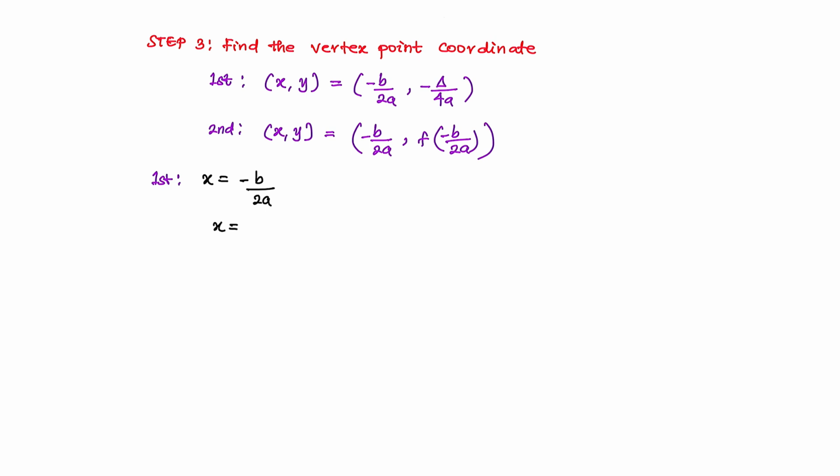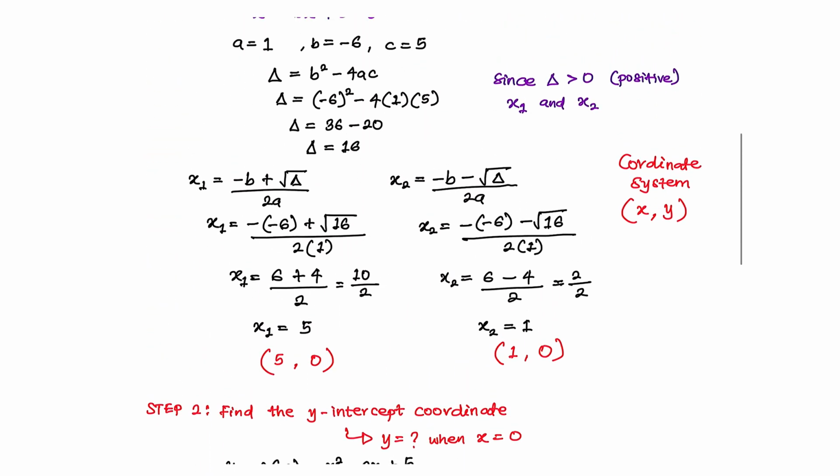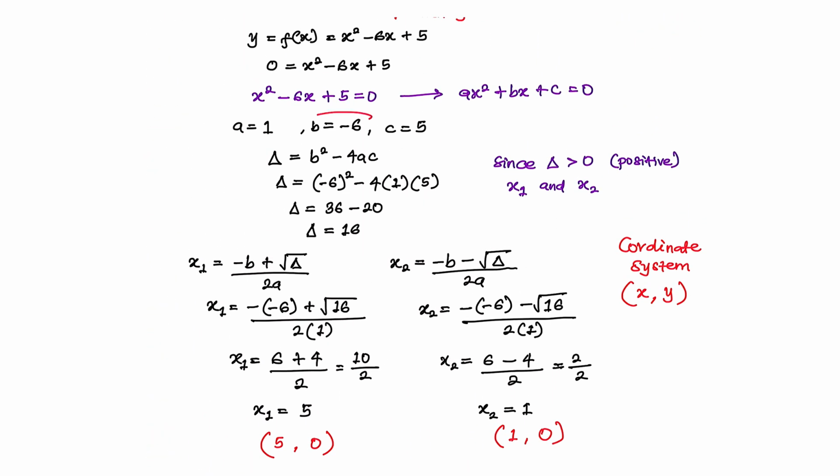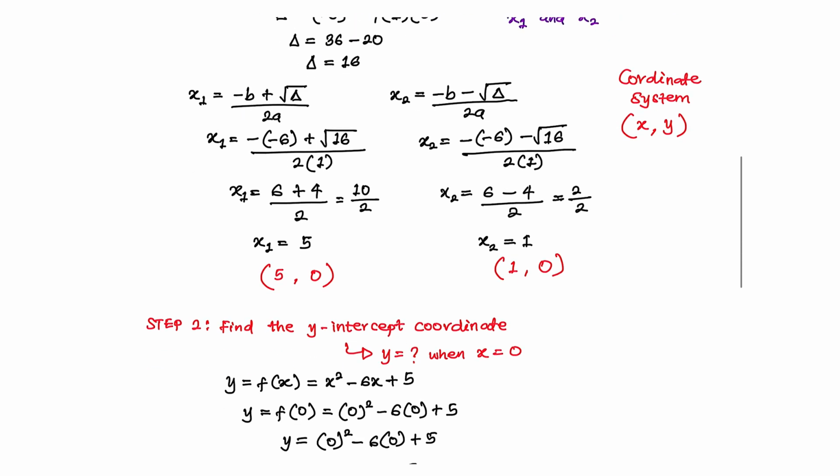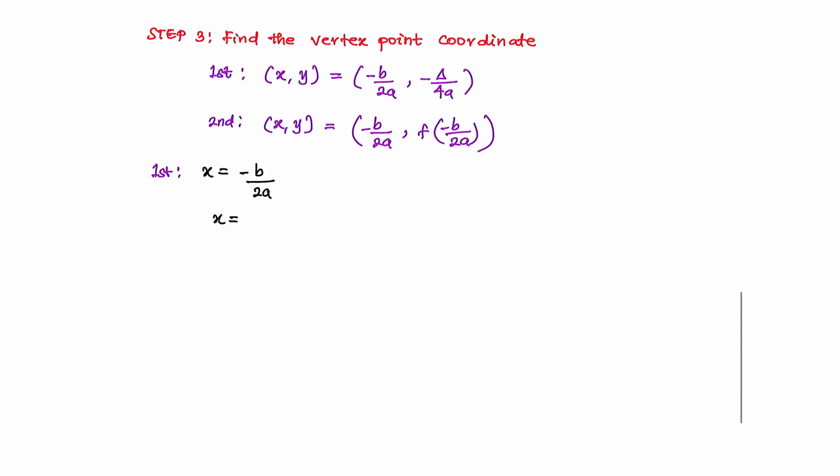So x equals the value of b, as we've specified previously, the value of b is minus 6 and the value of a is 1. So we have x equals minus 6 divided by 2a, 2 times 1. So that means x equals minus times minus 6, that's 6 divided by 2.